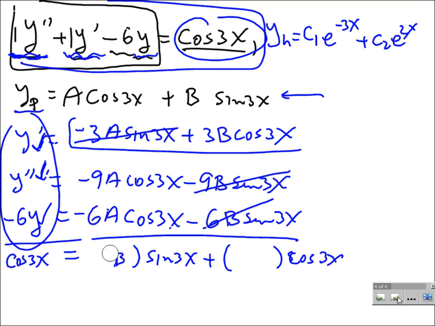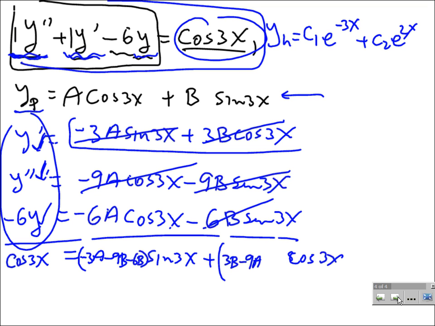I have negative 3a, I take away 9b, and then I take away 6b. And cosine 3x's, how many of them do I have? Well, I have positive 3b and negative 9a and 6a.